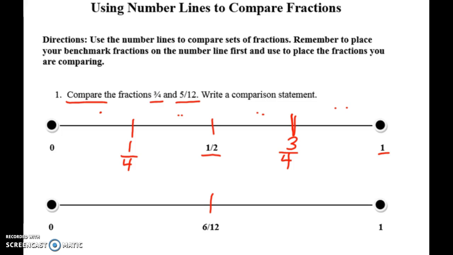So how can I use this to help me with numbering my second number line to do the comparison? I know that 4 is a factor of 12, so I can use what I know about equivalent fractions, just like they did with 6/12 being equivalent to 1/2. What are the equivalent fractions for 3/4 and 1/4 that have a denominator of 12?